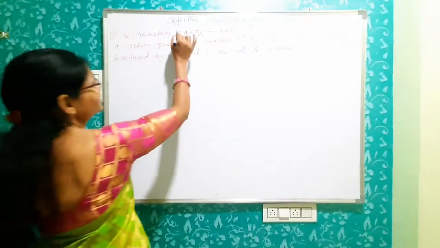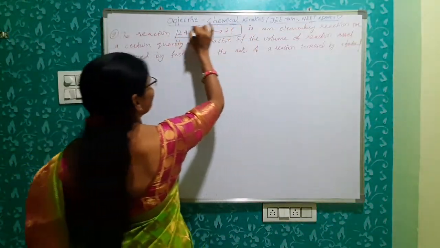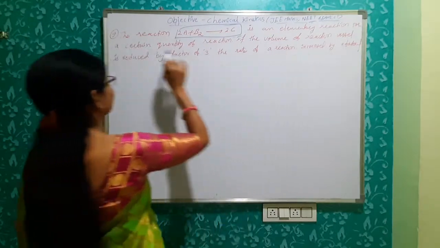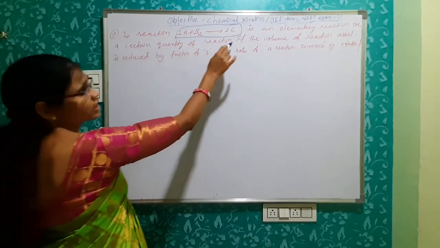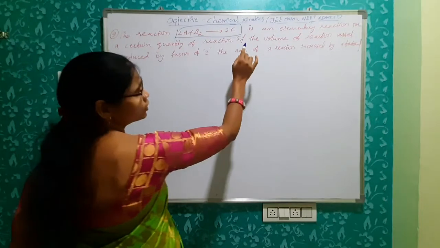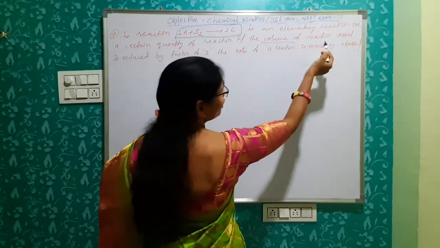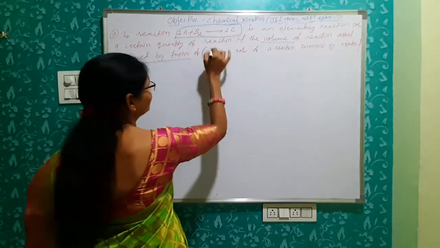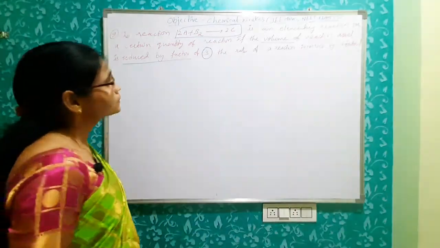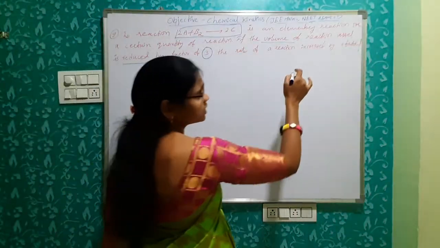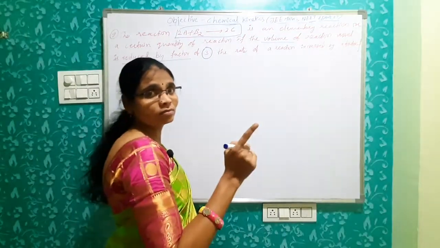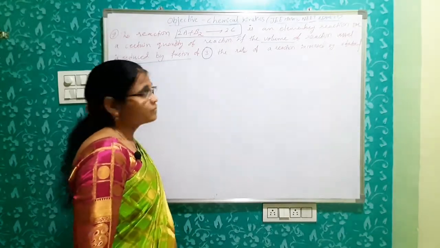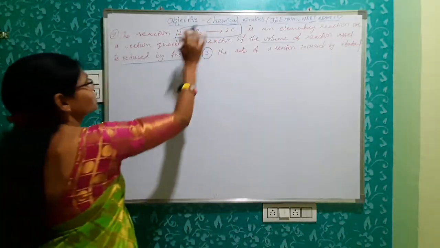The reaction 2A plus B2 gives rise to 2C is an elementary reaction. If the volume of the reaction vessel is reduced by a factor of 3, the rate of the reaction increases by what factor? First of all, you have to write the rate law for this equation.